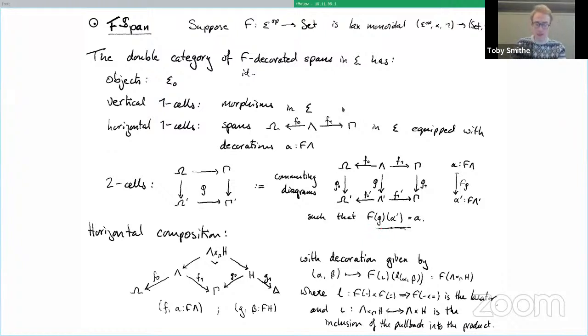And we can check that this gives us a double category. Oh, I haven't mentioned horizontal composition. I promise it does, but let's see what horizontal composition is like.